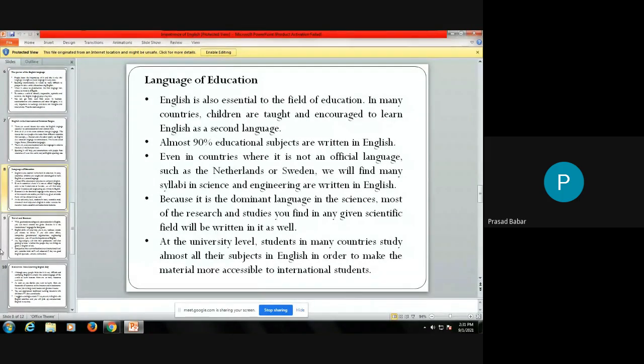In many countries, children are taught and encouraged to learn English as a second language. So yes, English is used as a second language in India also. Yes, we people use English as a second language.